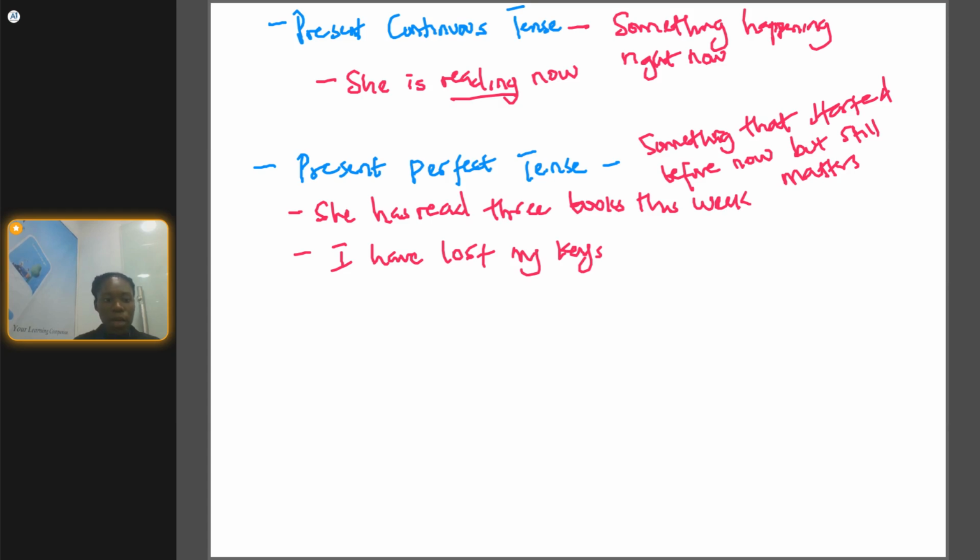All right, we quickly look at the other tense, which is the last tense under present tenses.